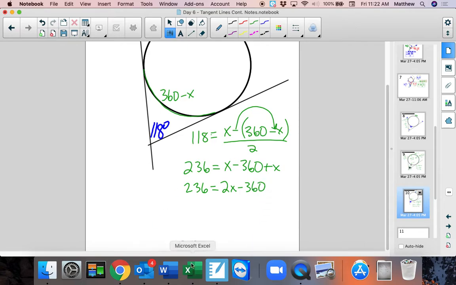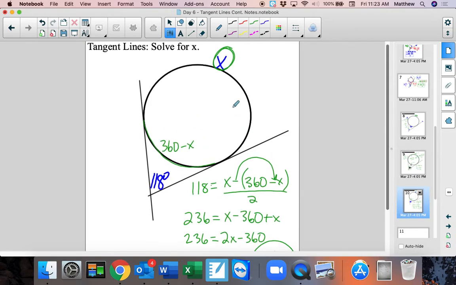I have to add 360, so that's going to give me 596 equals 2x. And therefore, x equals 298. So this is 298.